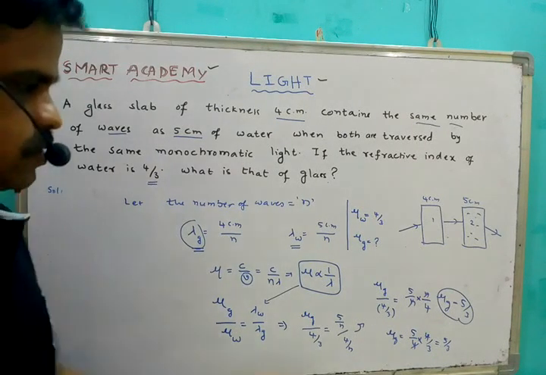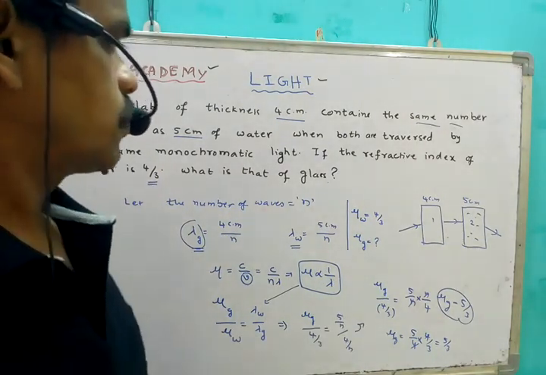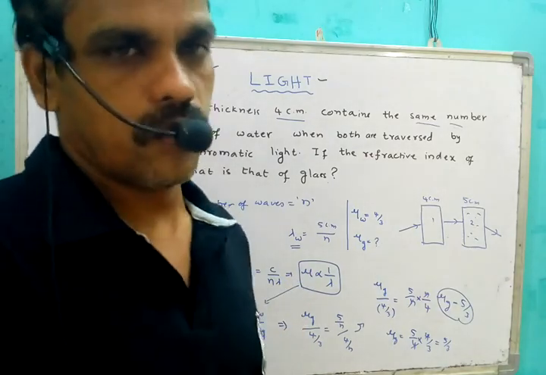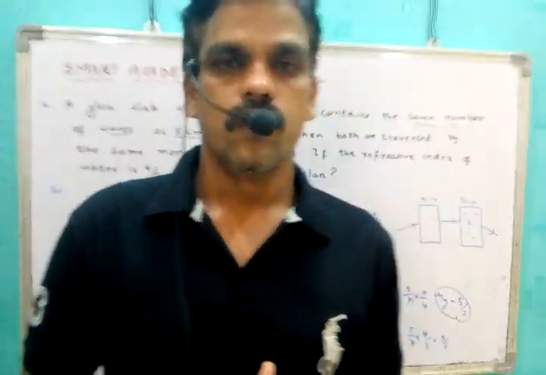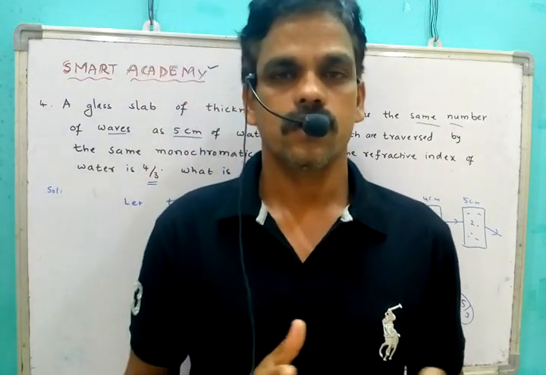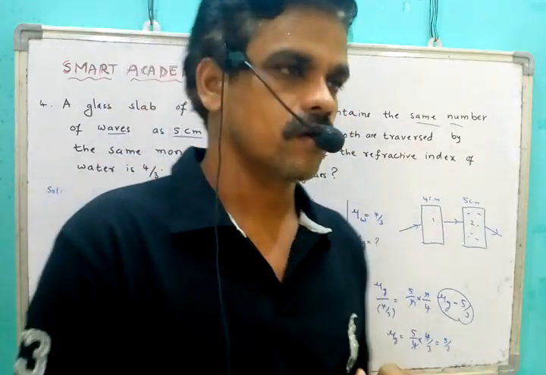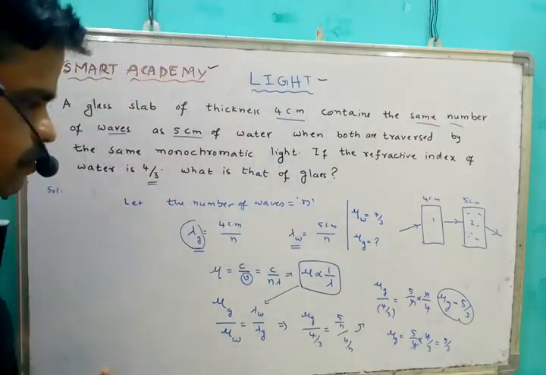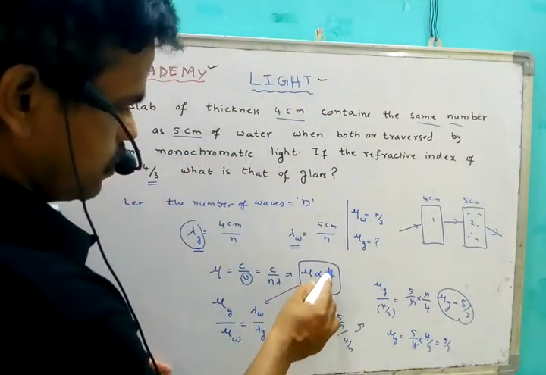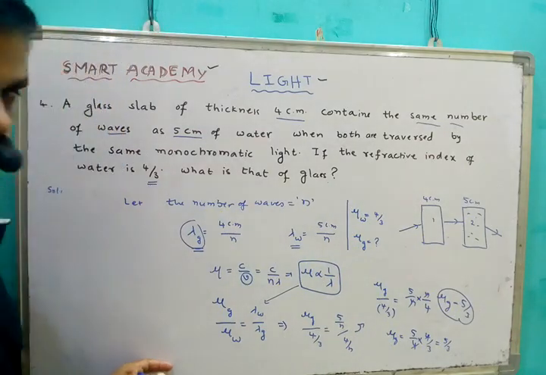This is the numerical value we got, but what did we do here, what is the process, and which relation did we come across and build? The relation we built here is that refractive index is inversely proportional to wavelength.